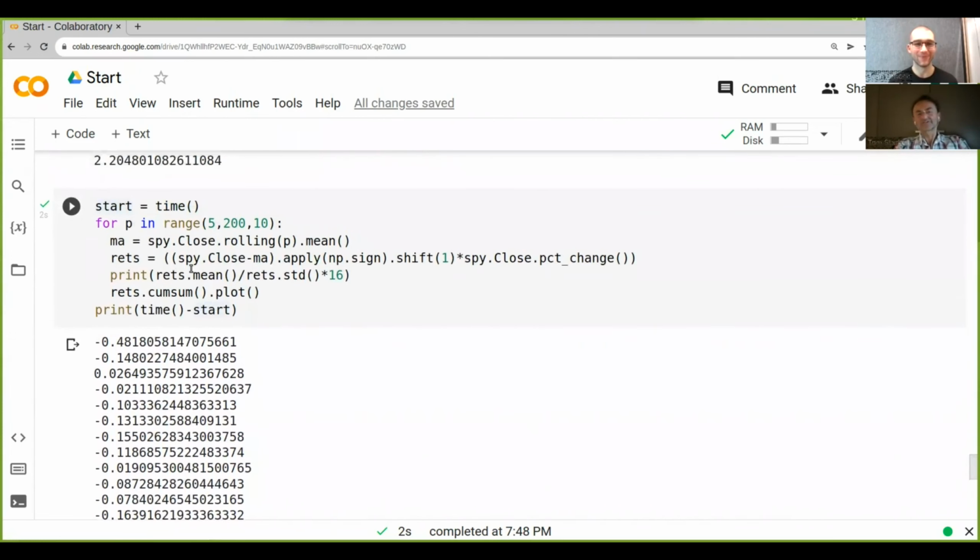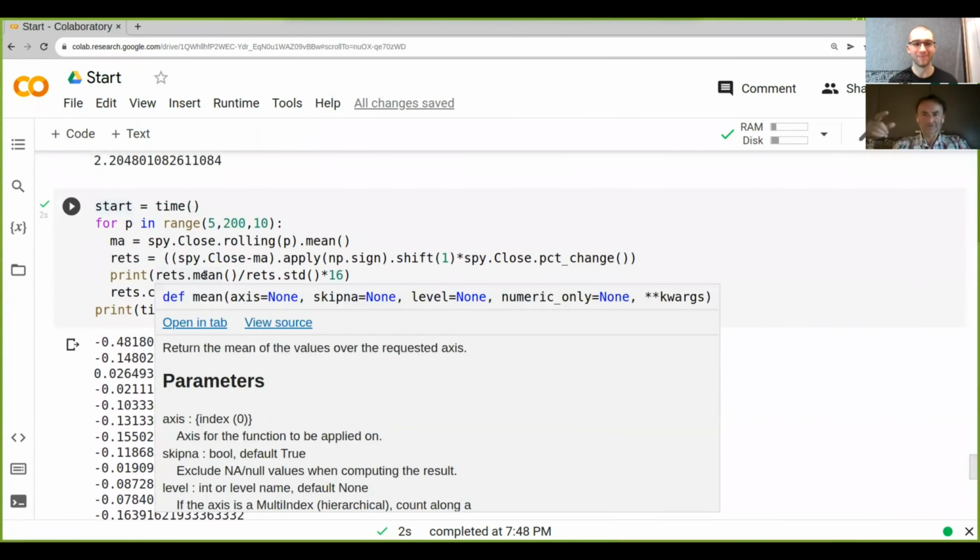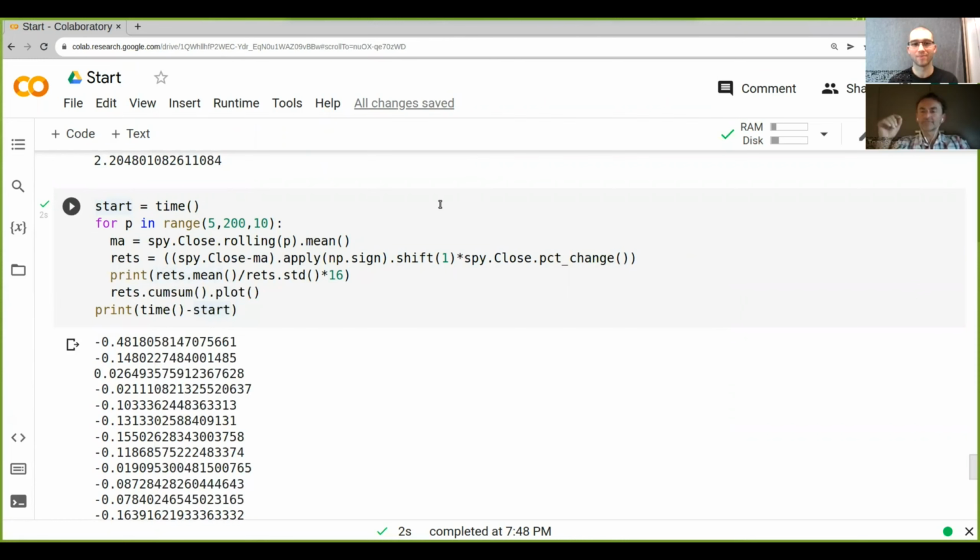So obviously the Sharpe ratios for these particular strategies are not very impressive, as you would expect. We just literally plug something out of thin air. But that's not really important. What's really important here is that I give you effectively tools to do research in a very efficient and effective way.